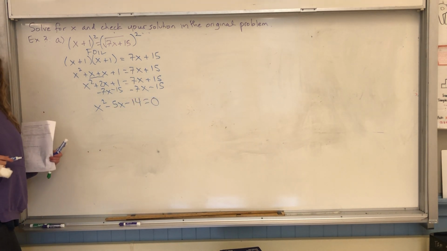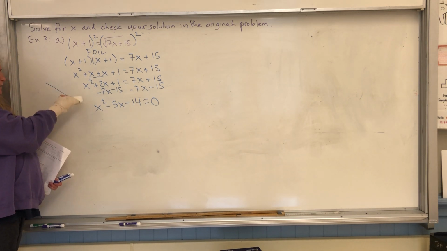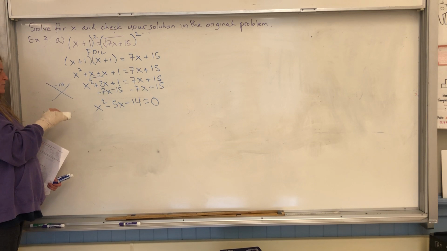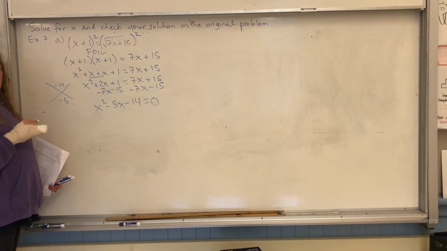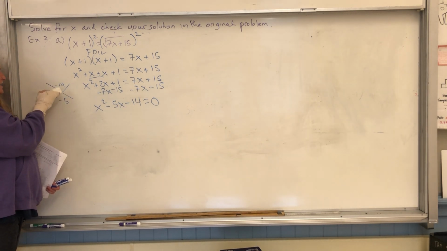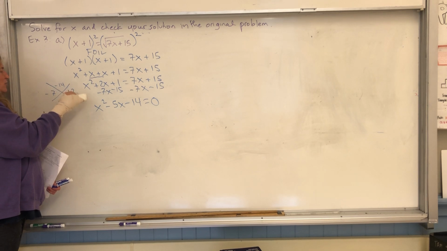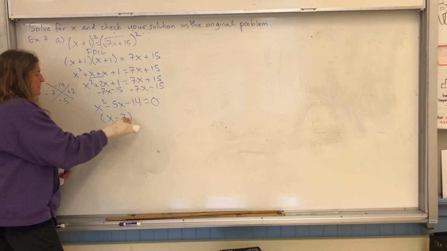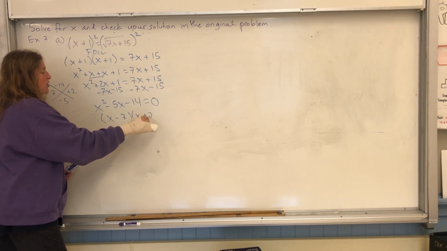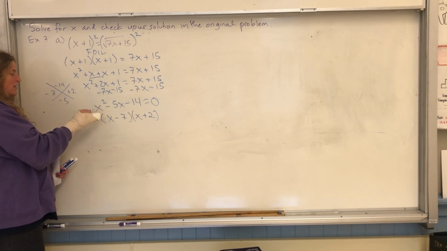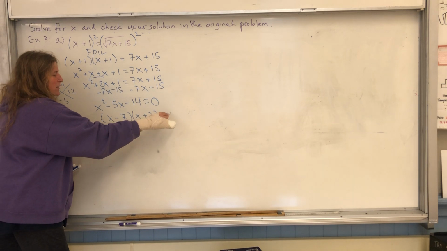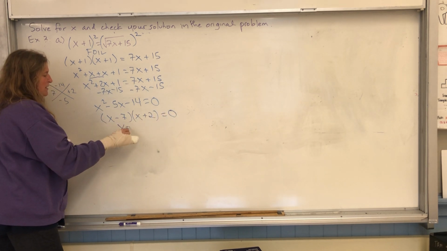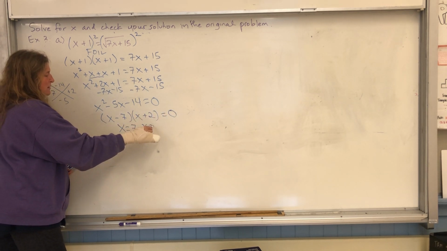Okay, so just to get your brain warmed up here, if I do the diamond problem, it's two numbers that multiply to -14 and add to -5. And those two numbers are -7 and +2. So that means my factors are x minus 7 times x plus 2. And I can go right from the diamond to the factors because there's a 1 in front of that x squared. So I'm going to get two answers.